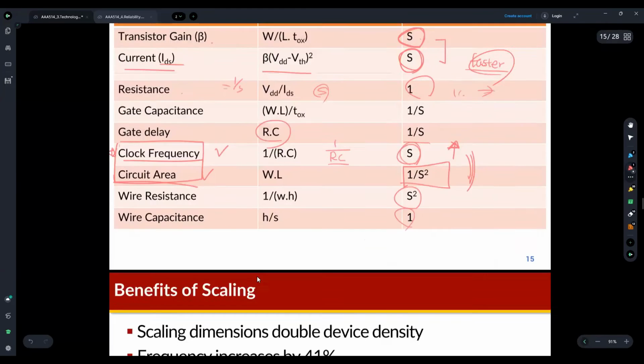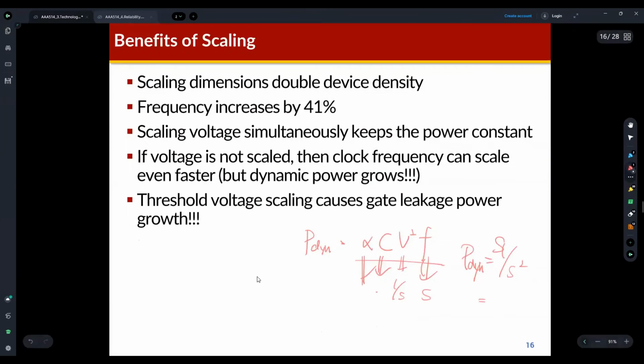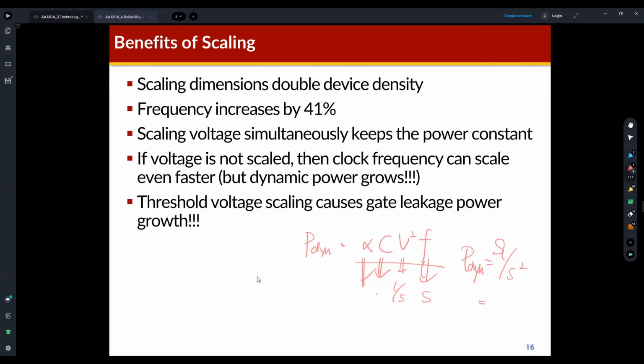So capacitance is also reduced. We need to focus on capacitance also, because we need to focus on the dynamic power of the single transistor. So the capacitance is also reduced. It's 1/S, and then it's 1/S squared, and S. So this is the P dynamic power.